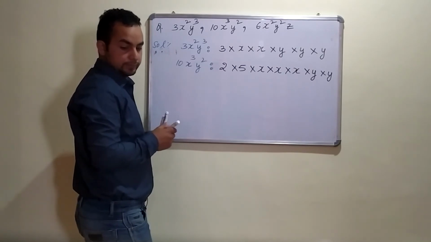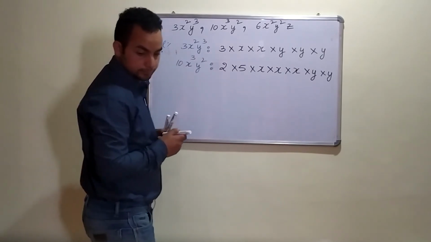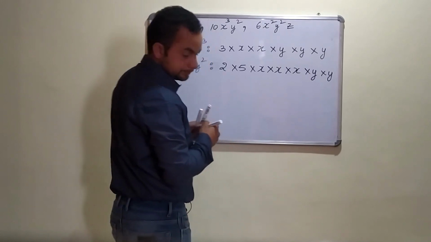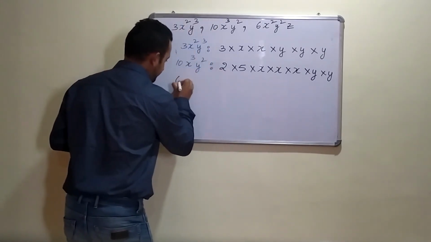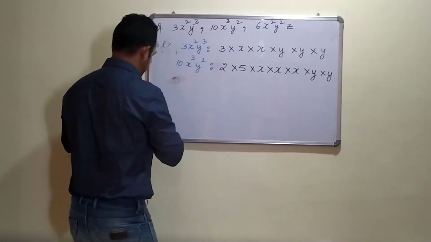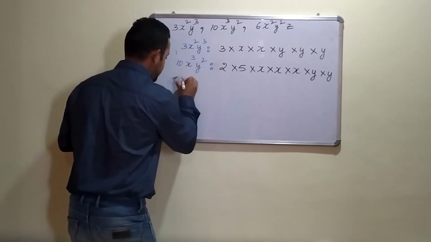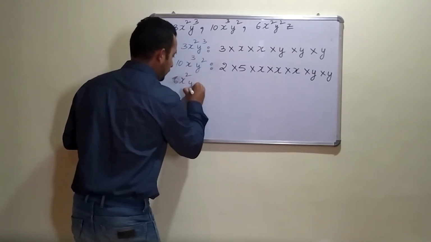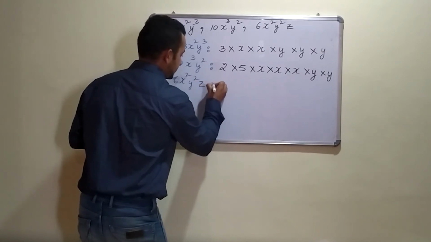And third, we have 6x square y square z.